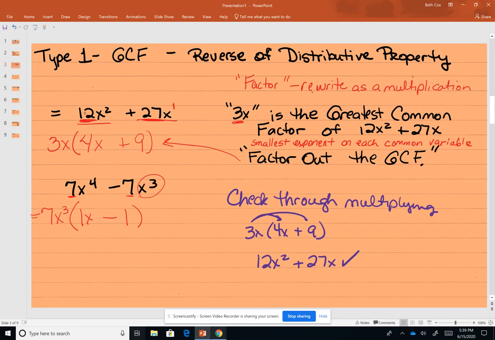And for the other one, if I do 7x to the third times 1x minus 1, I'm going to get 7x to the fourth minus 7x to the third. And that checks. So this is the idea behind GCF, factoring out of GCF.